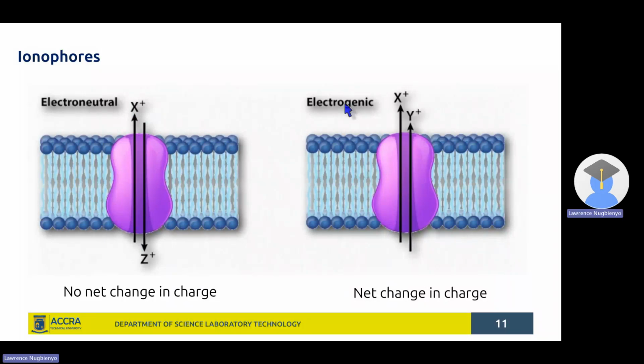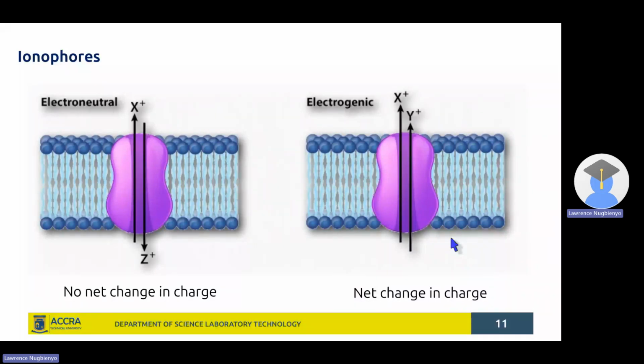Now, an electrogenic ionophore will have transport of ions in one direction, such that in the end there is a net charge at one side, or say on both sides, because one side is going to be positively charged, whilst the other side is going to be negatively charged, because you have movement of charges from one side to the other, which is not compensated for by that same ionophore.